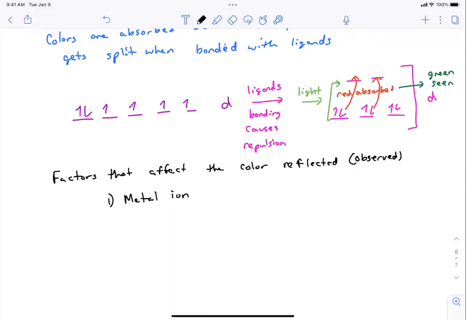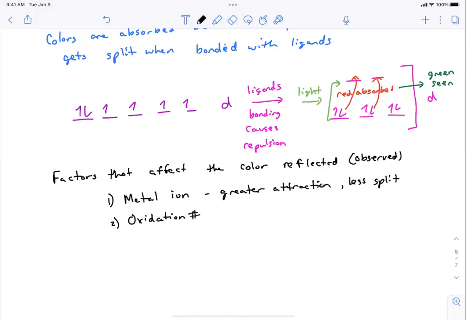The more protons, the less it splits, because the greater the attraction, the less split. Two, the oxidation number. The more positive it is, well, actually, I have to be careful about that.